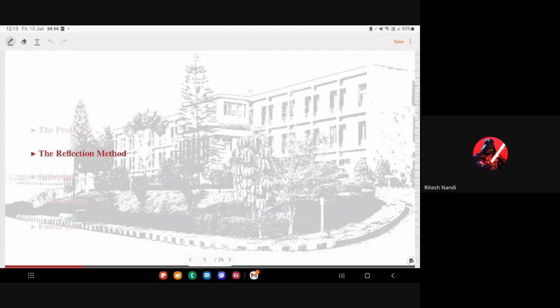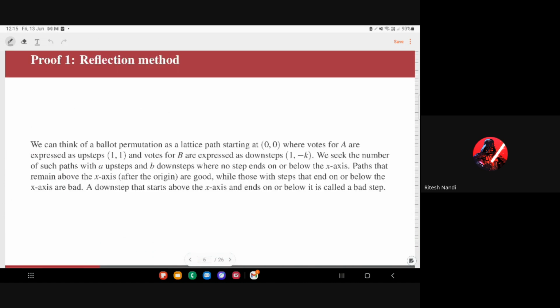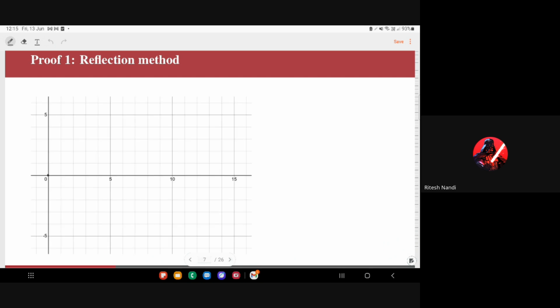The first method we will be solving this problem with is the reflection method, followed by induction, you can see it here, and the cycle lemma. We can think of a Ballot permutation as a lattice path. Lattice path means this kind of thing.